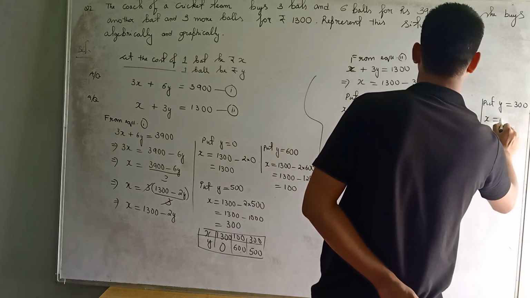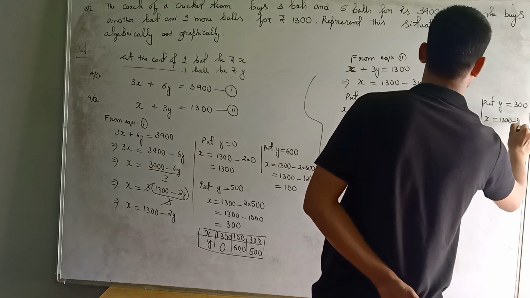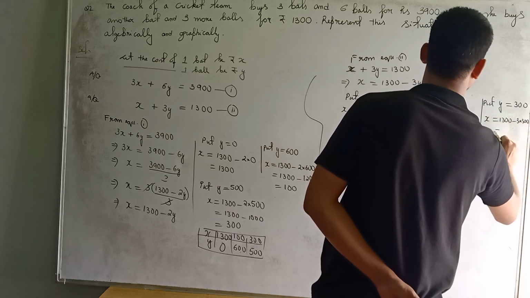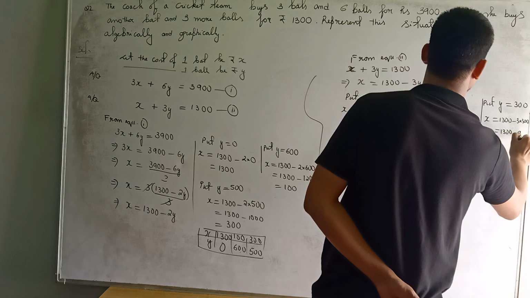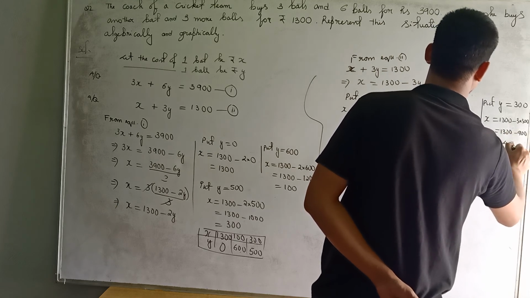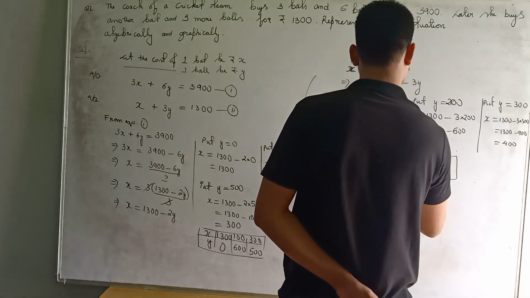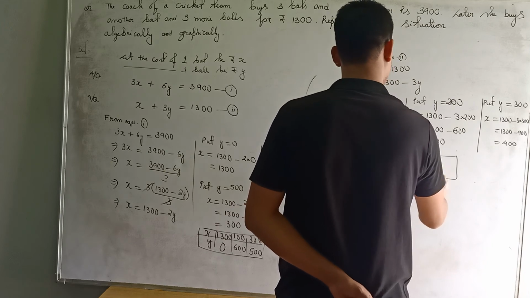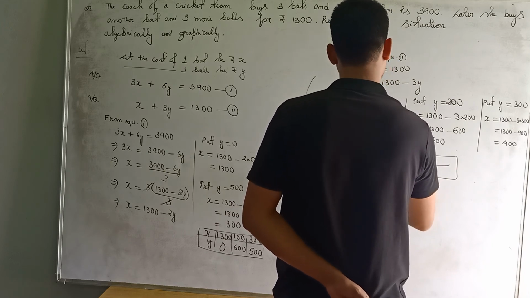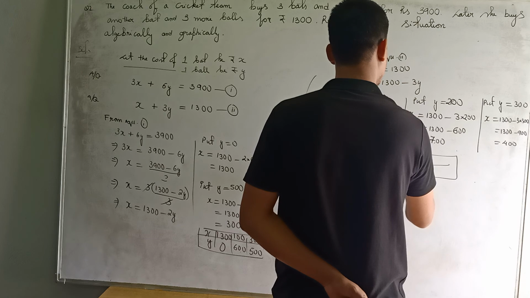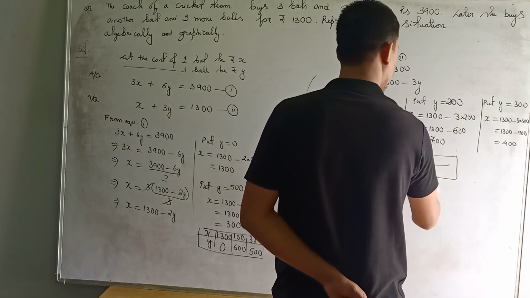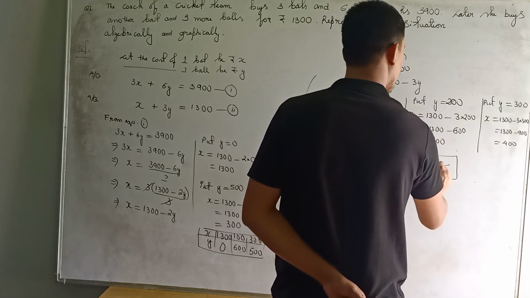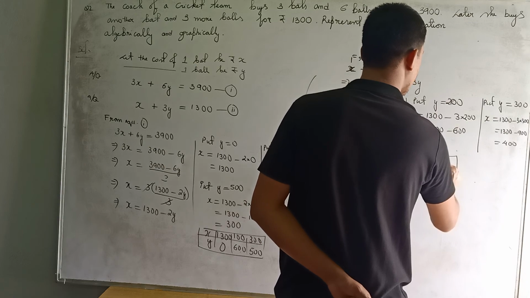Then x will be 1300 minus 3 into 300. 1300 minus 900 will be 400. So x, y: y is 0, x is 1300. If y is 200, x will be 700. If y is 300, x is 400.